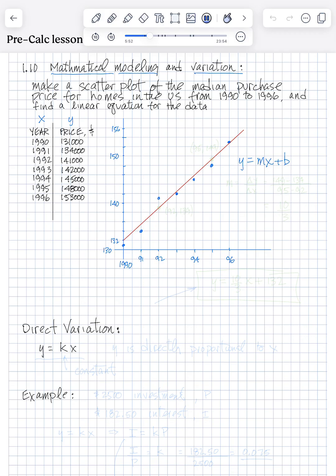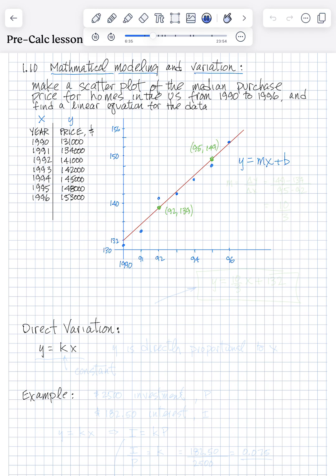So 2 points on the line are going to be this value in 92, and let's see, 95, let's call it this value. So now we just want to put coordinates. And so we have 92, and say 139. And the coordinates of this would be 95, and let's say 149.